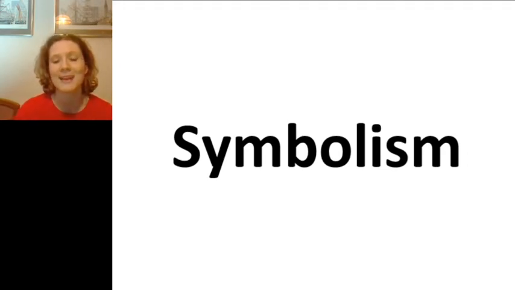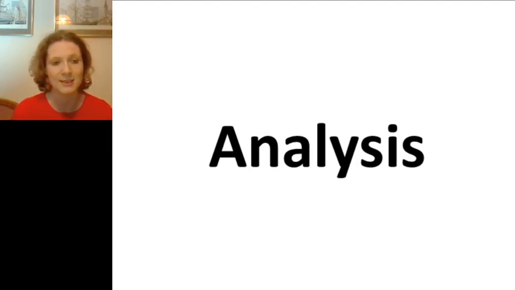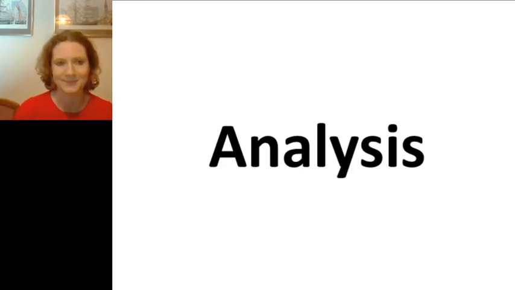Word number 3 is symbolism. And the last one I want you to write down, analysis. So 4 key terms you should have written down with lots of space. If you've missed any of them, pause, rewind, make sure you get them all down.